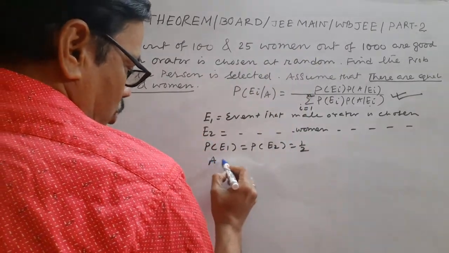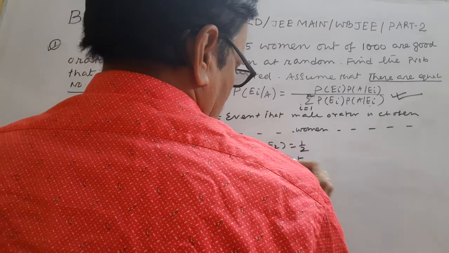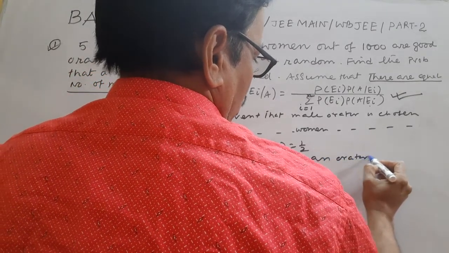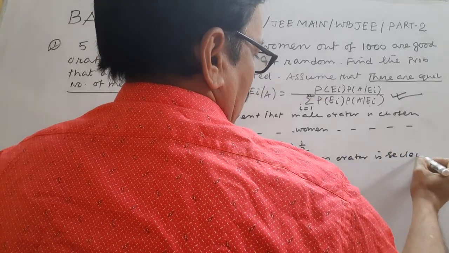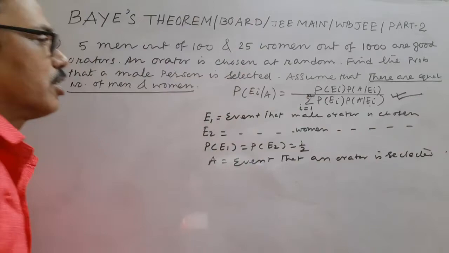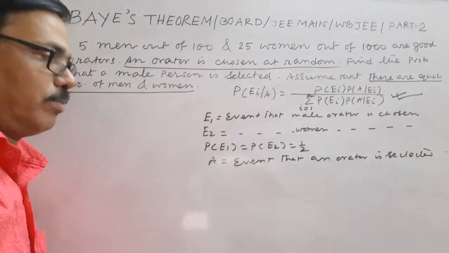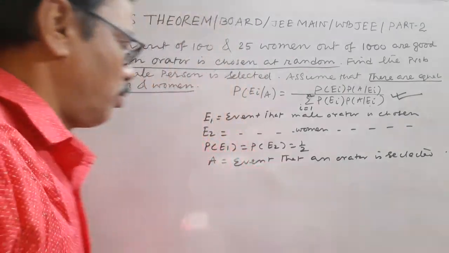So, A equals the event that an orator is selected. An orator is chosen at random. So, this is A related with E1 and E2.